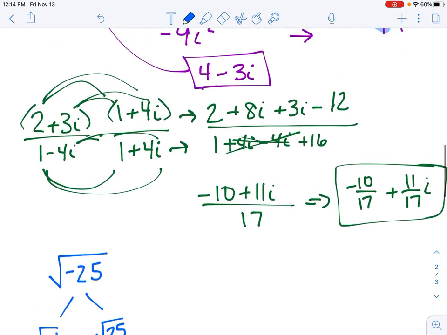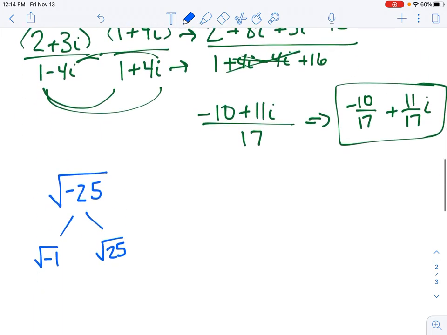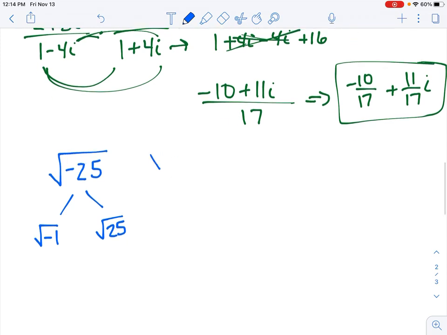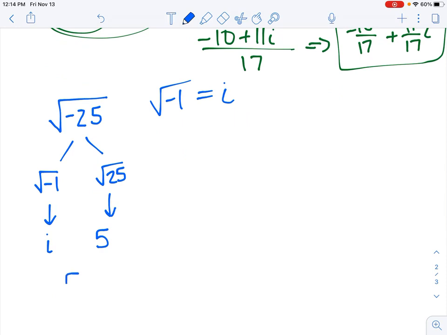We know the square root of negative 1 from way at the beginning on our other slide: it is equal to i. So simply stating, the square root of negative 1 is i, and the square root of 25 is 5. Now we usually write these as the number multiplied by i, so our solution is simply 5i.